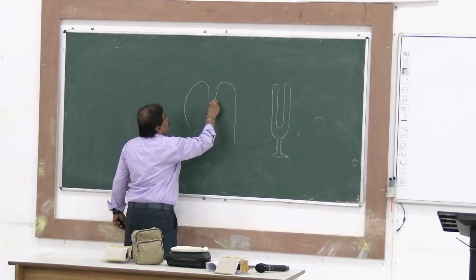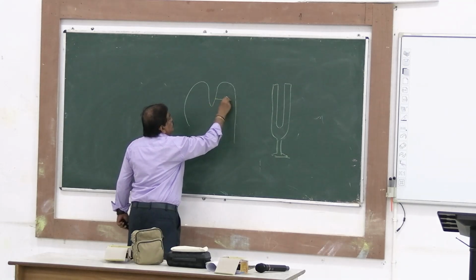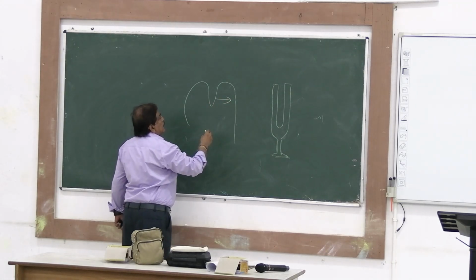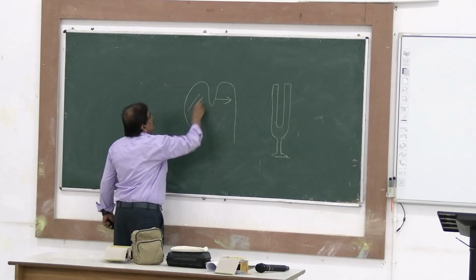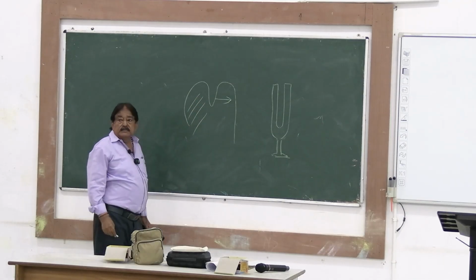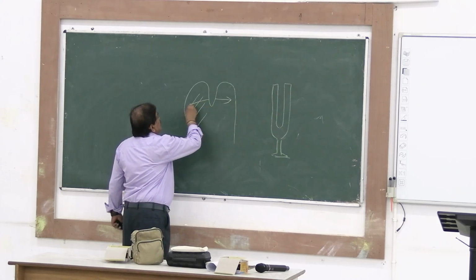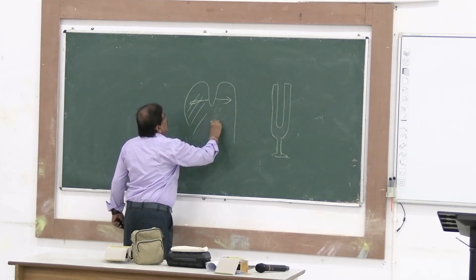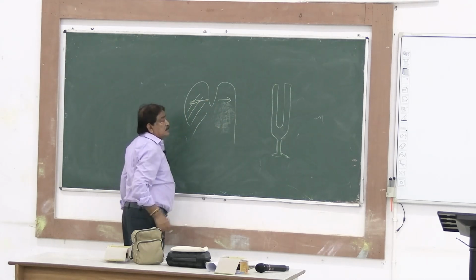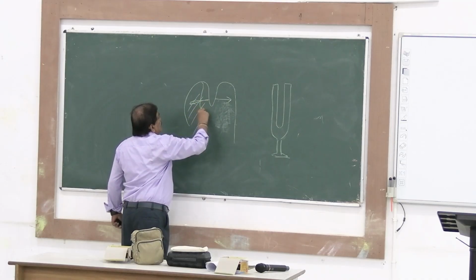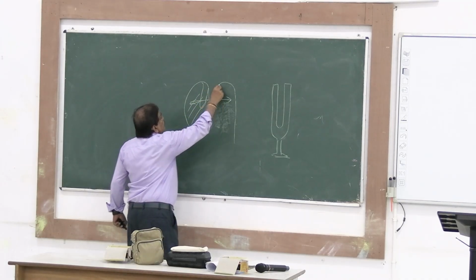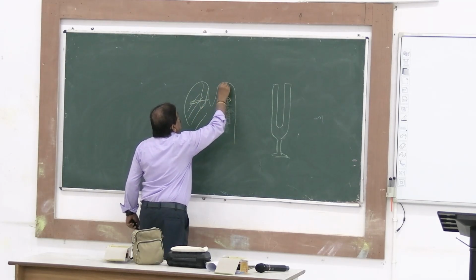Now if the shift of the uvula is to this side, that means this side is affected. And if it shifts to this side, then this side is affected. The uvula will come like this. The uvula goes this way.